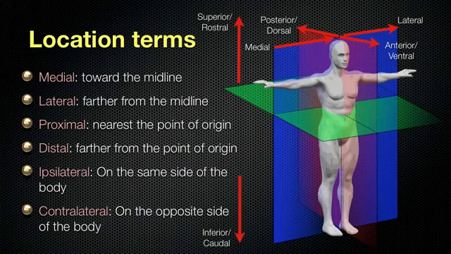So for example, if we're looking at the right leg, so here we have the right leg, the ipsilateral arm would be the right arm. The contralateral arm, of course, would be the left arm. So ipsilateral means it's on the same side. Contralateral means it's on the opposite side of the body.